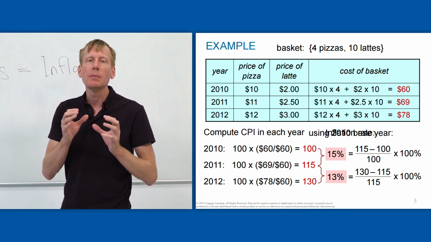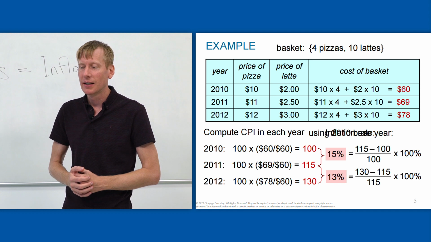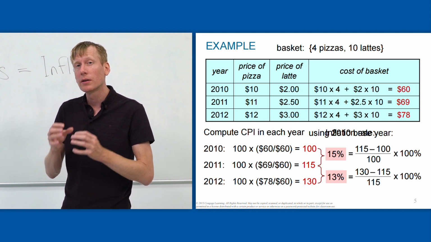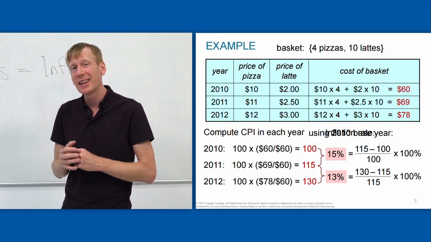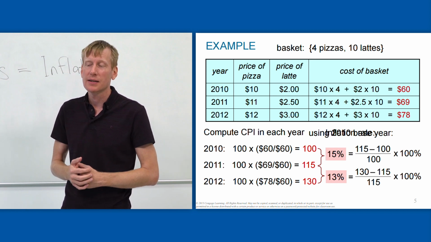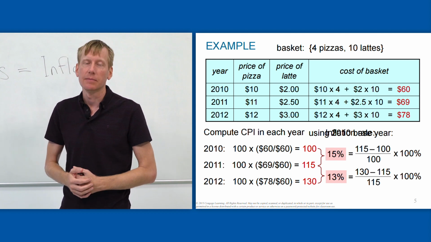It will include the same amount of pizza, and the same amount of lattes. But now it's 11 times 4 for pizza total cost, and 2.5 times 10 for total latte cost, giving us a total cost of the basket of 69.